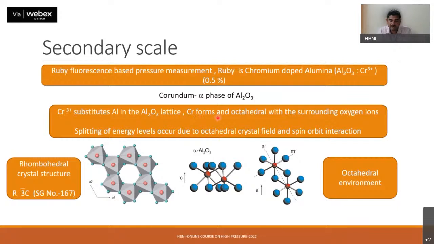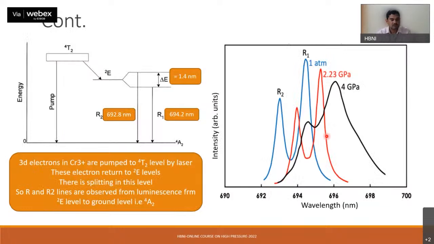Chromium forms an octahedron with the surrounding oxygen ions, and splitting of energy levels occurs due to this octahedral crystal field and spin orbit interaction. So with this chromium and oxygen, we have an octahedral environment as well as spin orbit coupling, which gives rise to this kind of energy level diagram.